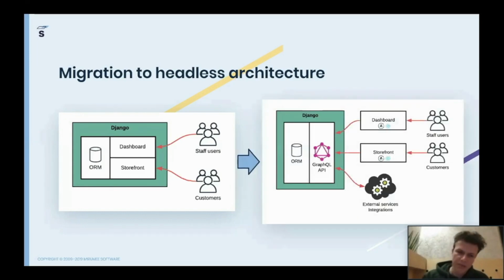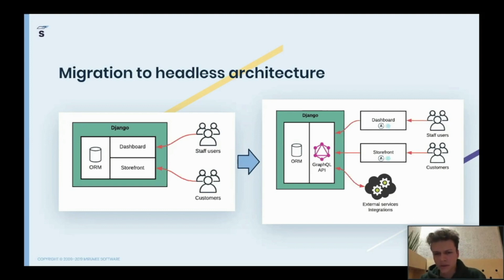So after having this Django-based architecture for many years, we decided to add a GraphQL layer on top. This is what we've actually ended up with. On top of our Django ORM logic and all the Python logic that does the business stuff, we've added a GraphQL layer, built with Graphene.